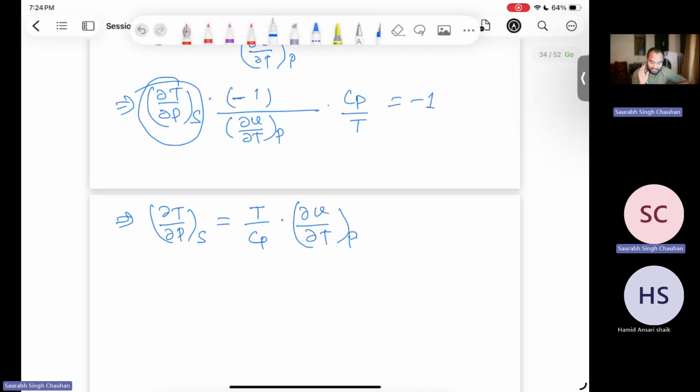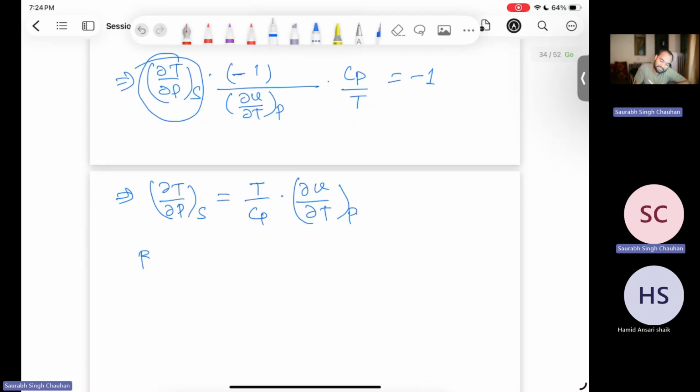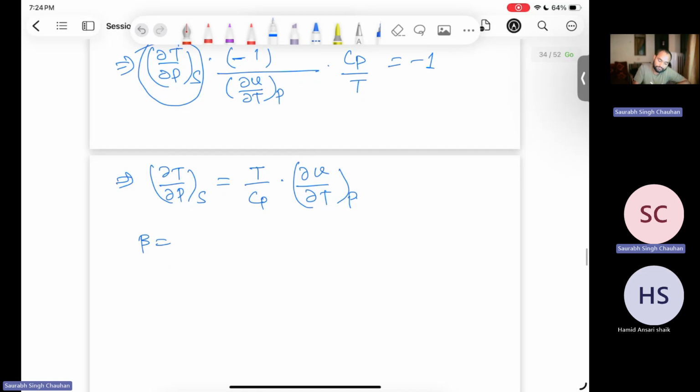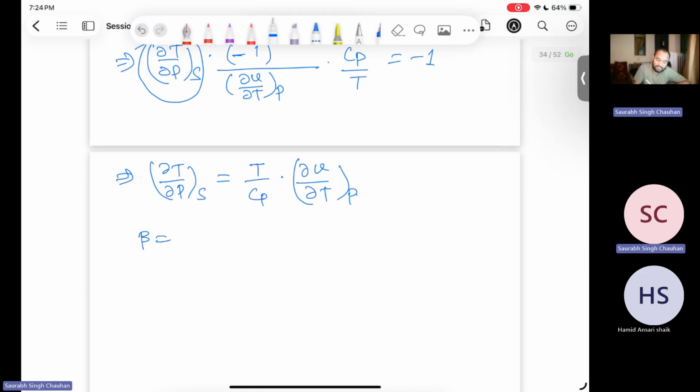Now everything is measurable, but we can also use the expression for the thermal expansion coefficient, beta, which is equal to 1 by V del V by del T at constant pressure.